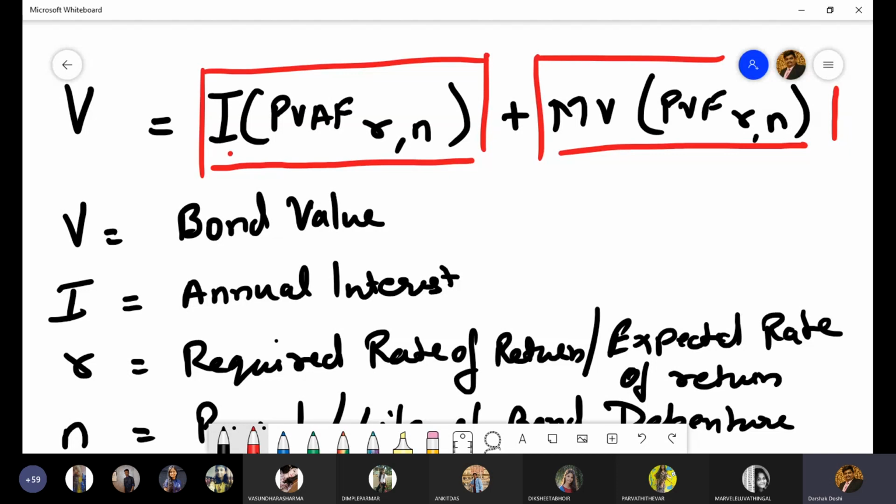If I were to ask you how to explain bond valuation in simple language, not with the formula, I can say that bond valuation is nothing but the present value of all the cash flows out of the bond. Is this understood? Any doubts?